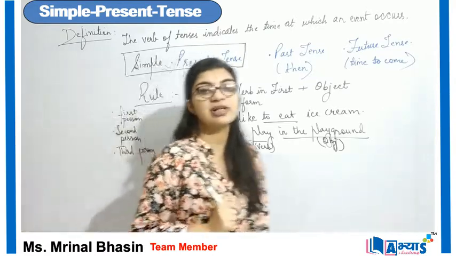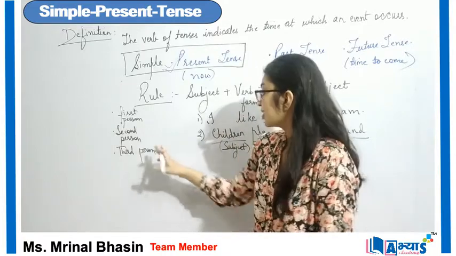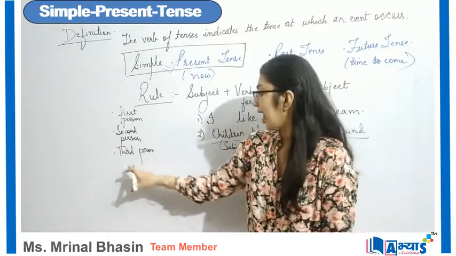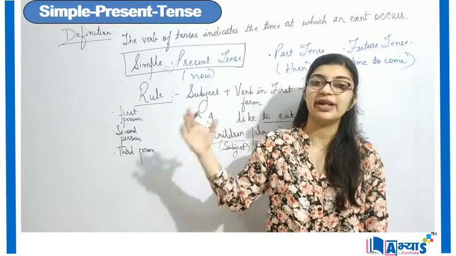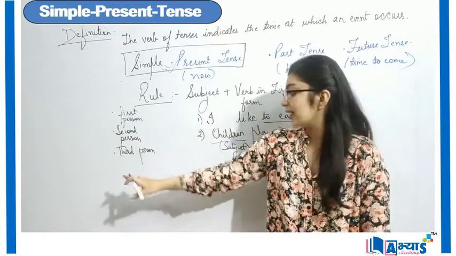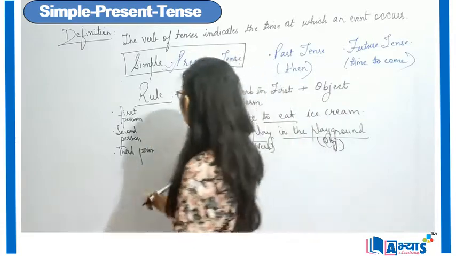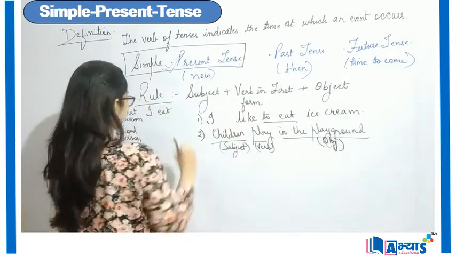Now first person over here indicates I, me, my. Second person indicates you, yours. And third person indicates some other person, they, them, their. Right? That is the third person. So the first person example is I eat.